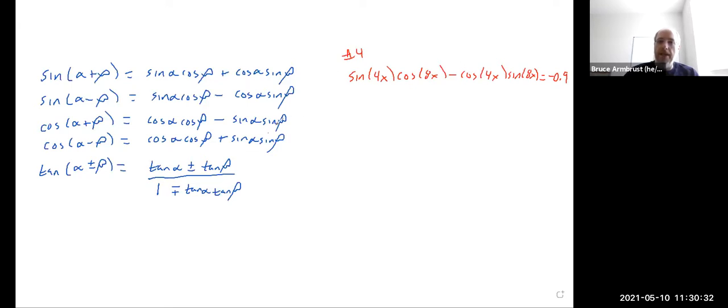But hopefully you notice that not too far to the side here is an identity that has this form. We have sine of something times cosine of something else, sine cosine, minus the cosine and sine of those things swapped.